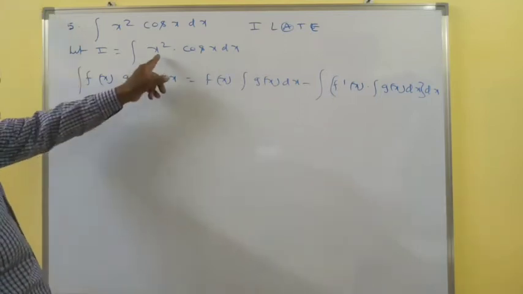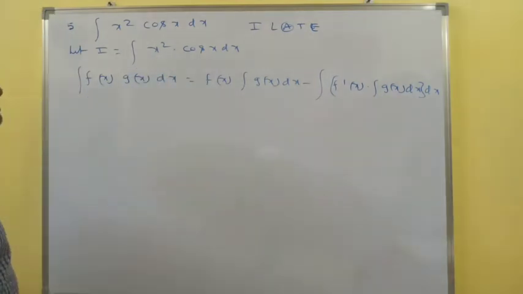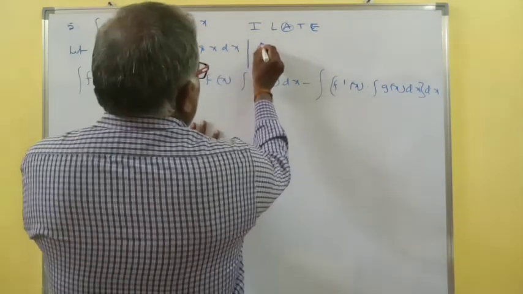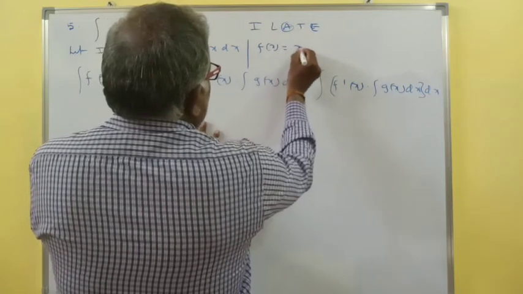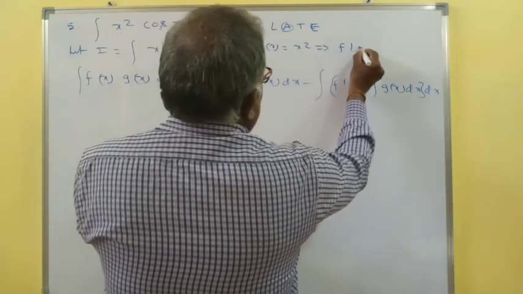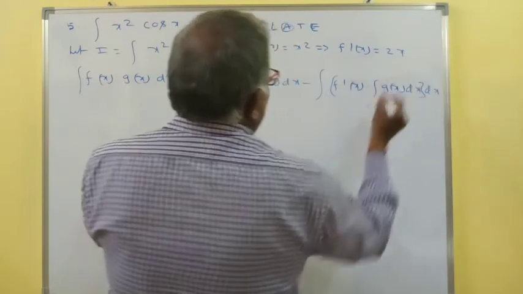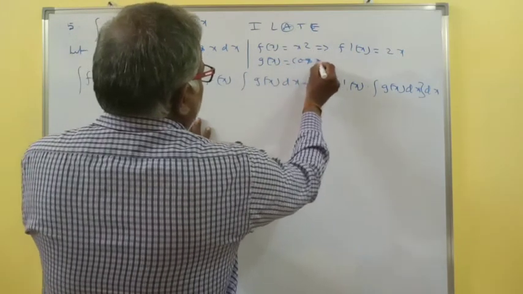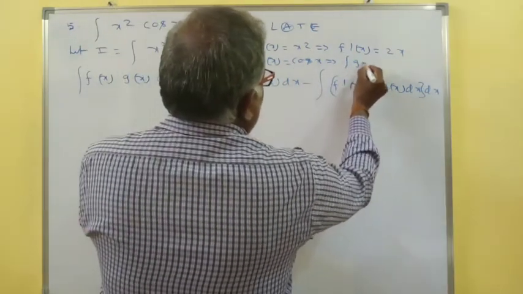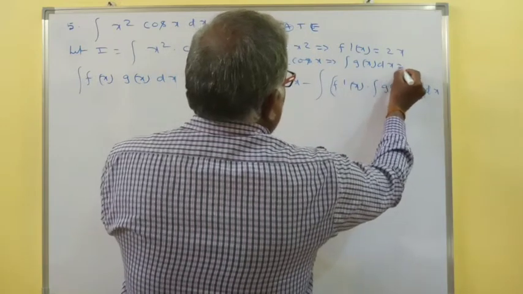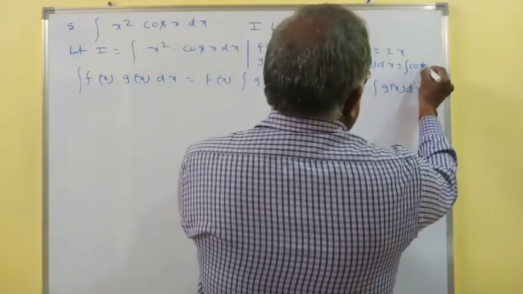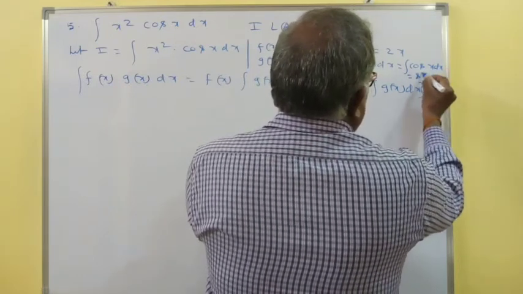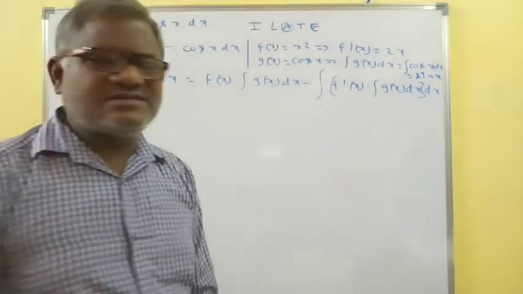Here f of x is equal to x square, so its derivative is 2x. Next g of x is equal to cos x, so the integral of this one is sin x. For cos x, integral is sin x.